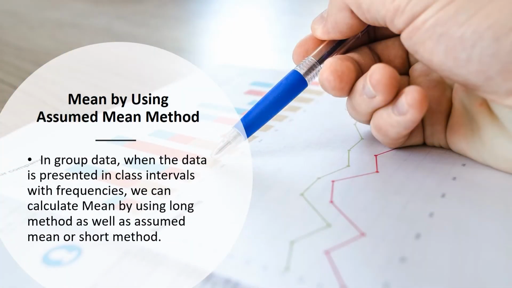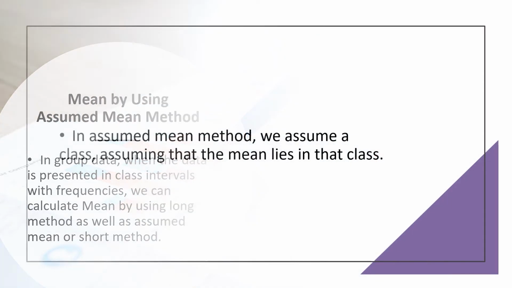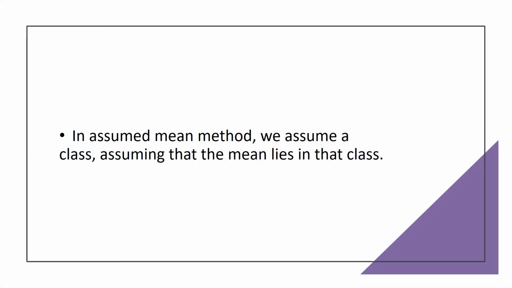In grouped data, when the data is presented in class intervals with frequencies, we can calculate mean by using the long method as well as the assumed mean or short method. Long method we have already discussed in our earlier example, and now we will discuss the assumed mean or short method. In the assumed mean method, we assume a class, assuming that the mean lies in that class.